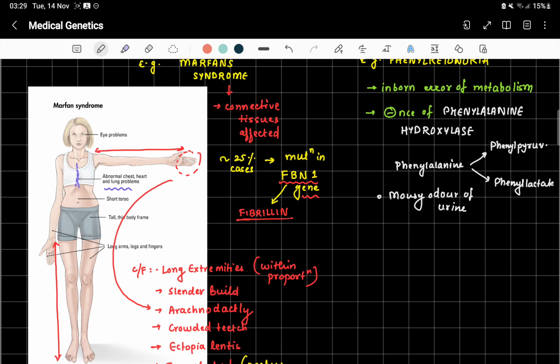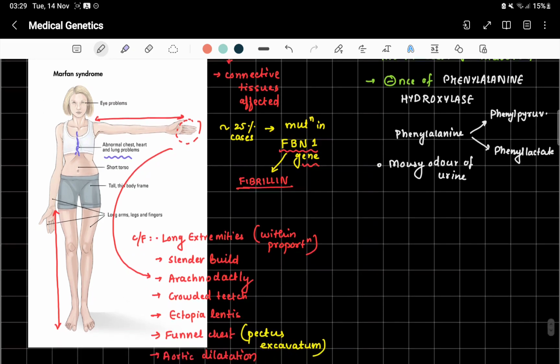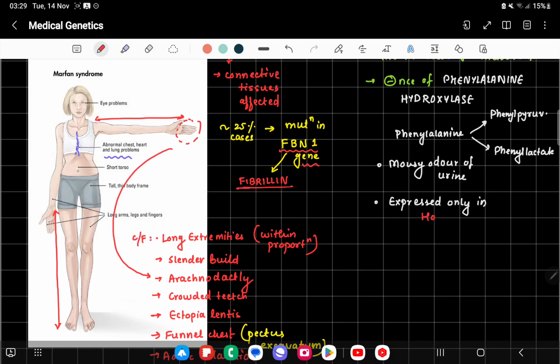As it is a recessive trait, it is expressed only in the homozygous state.